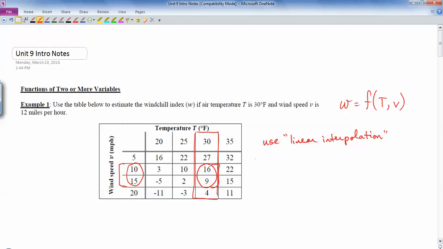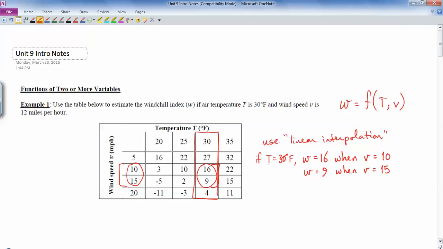Okay, so we know if T is 30 degrees Fahrenheit, then W, that's right, W is the wind chill, is 16 when the wind speed is 10. And we also know that W is 9 when the wind speed V is 15.